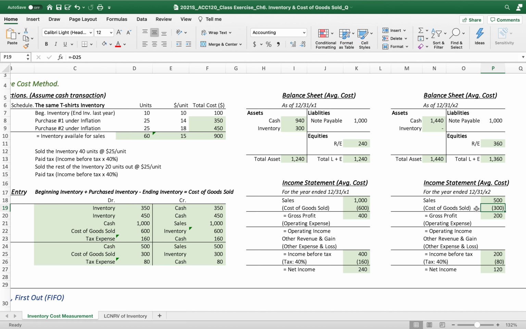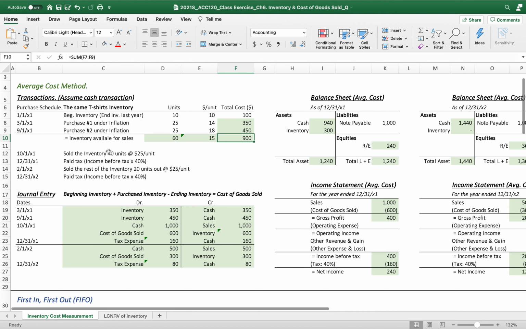So all the sum of the cost of goods sold, assuming that we sold all the inventory, is the same as the inventory 900 purchased cost. Okay, so in this case, we practiced how to record based on the average cost. You calculate the $15 per one unit and then multiply it by the number of units sold every sale.